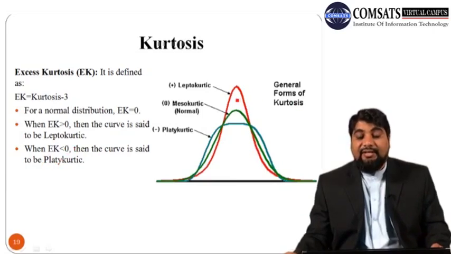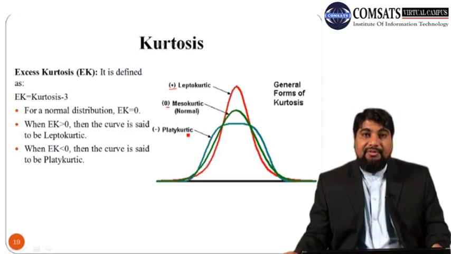In the diagram, when excess kurtosis is positive, it is leptokurtic; when it is 0, we get mesokurtic, the normal curve; and when it is negative, we get platykurtic. This is a very important concept which we can use to calculate kurtosis.